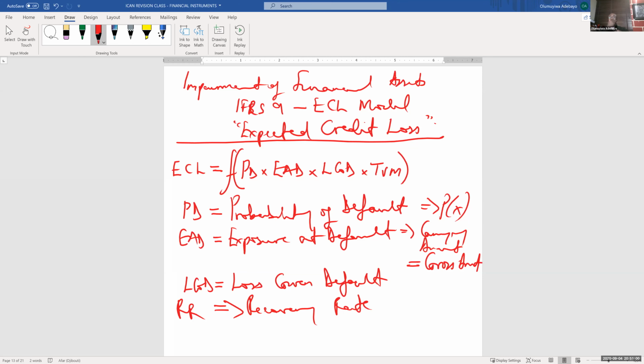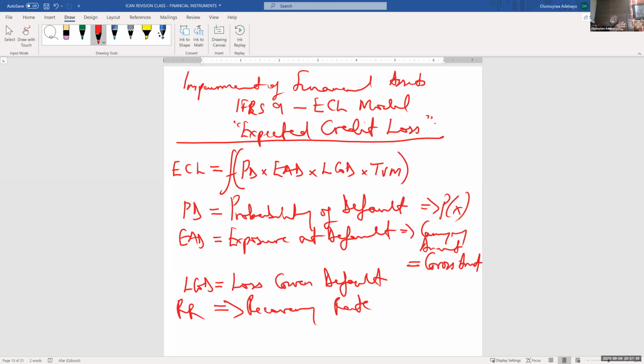You ask yourself, based on the demographic or distribution or classification of your financial assets that were in default in the past periods, you now look at it based on your historical data to say, when these categories of financial assets went into default, what was my recovery rate? What am I able to salvage?